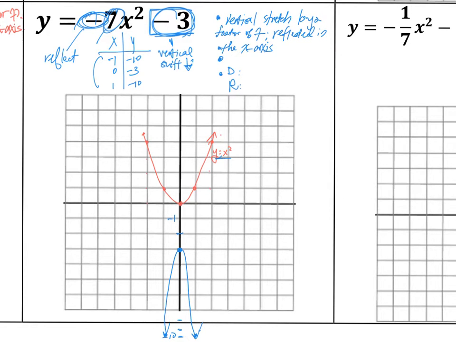And it's also shifted downwards by 3 units because of this -3 constant.